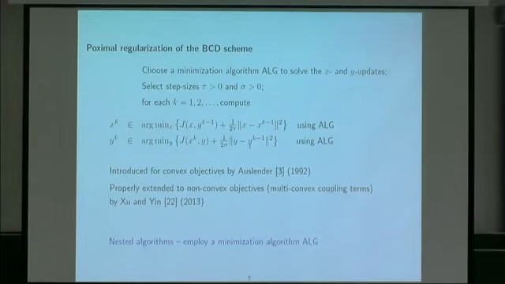Then you have to run another minimization algorithm, and the final result will be subject to the errors accumulated inside the steps done by this external algorithm. So in some sense, both schemes are a little bit abstract, the algorithm is not complete.